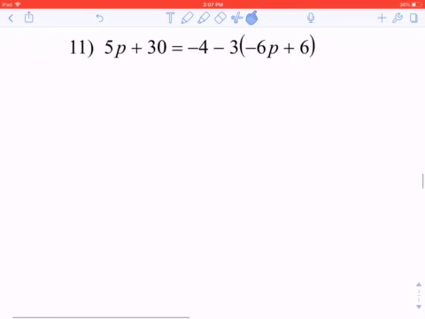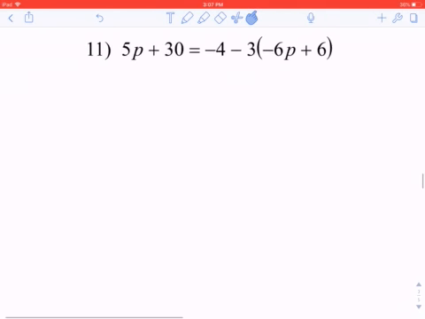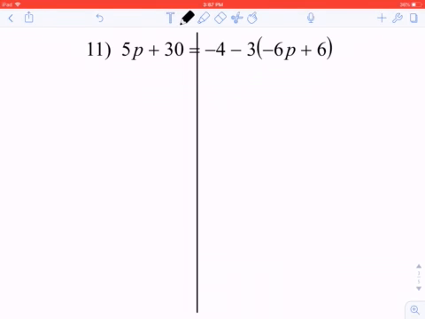All right, and the last one on the guided practice. We distribute first. So negative 3 times negative 6p and negative 3 times 6.